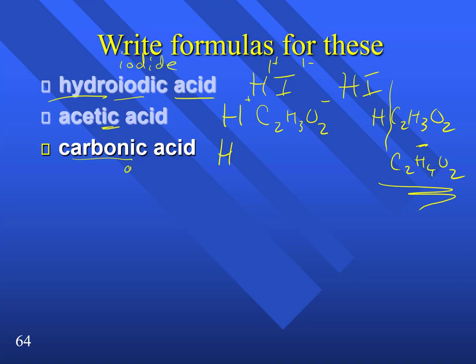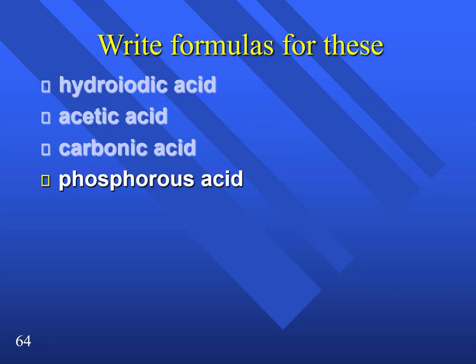Carbonic must be carbonate, which was CO3 2 minus. H is 1 plus. Doesn't add up to 0. H2CO3. However negative your anion is, that's how many hydrogens you're going to need. I mean, you could do the crisscross if you wanted to, but pretty lame crisscross. Phosphorus acid.